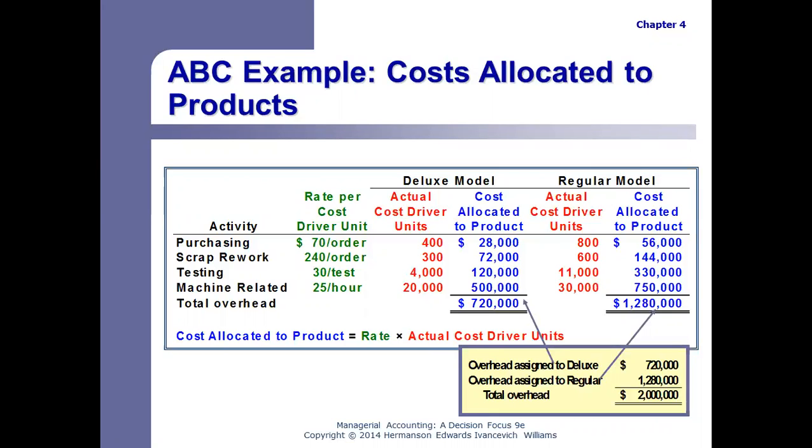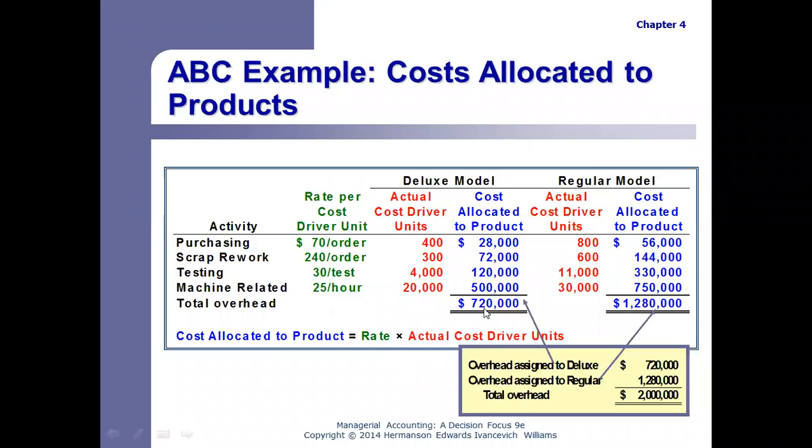More complicated, but it's more accurate, because you're looking at each specific activity in the overhead pool. Each of these activities has its own driver, so you have your own predetermined rate for each of the activities rather than just the one that we had in the traditional. So again, ABC costing is more complicated, but it's more accurate than the traditional method, more precise.